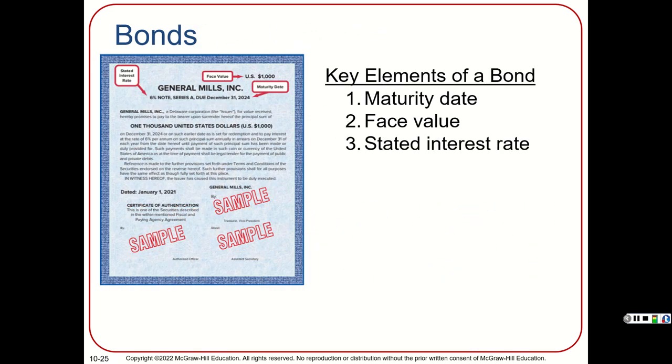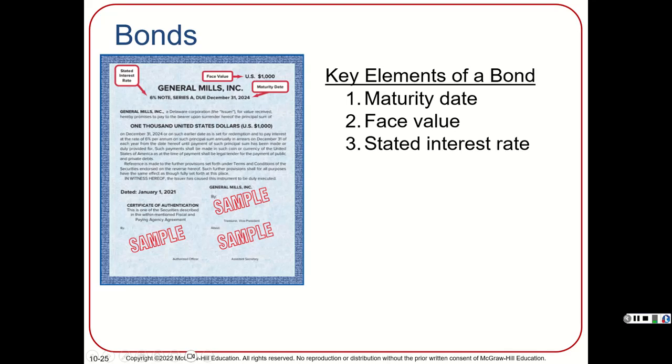So the bonds come with a certificate with a maturity date, a face value, and a stated interest rate. This means that at the maturity date, the company will repay $1,000. This one, the face value is $1,000. For each bond in the years prior to the repayment, the company will make periodic interest payments.